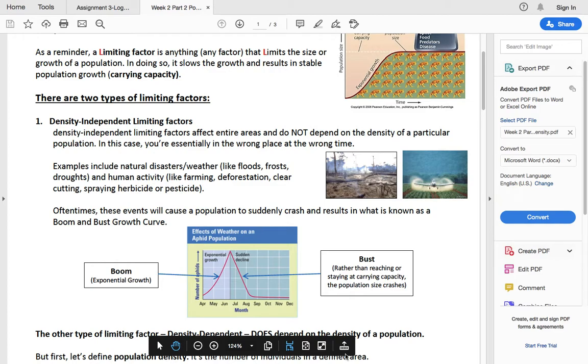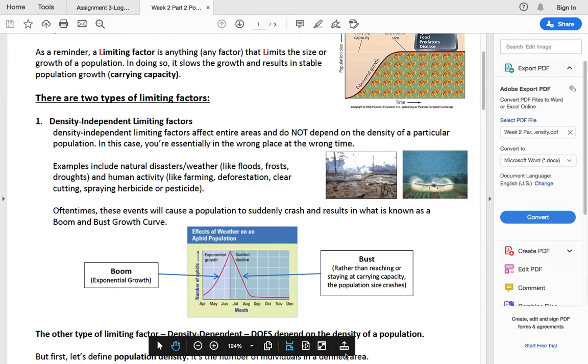There are two types of limiting factors. There are density independent limiting factors. These density independent limiting factors affect entire areas and do not depend on the density of a particular population. In this case, you're essentially in the wrong place at the wrong time.